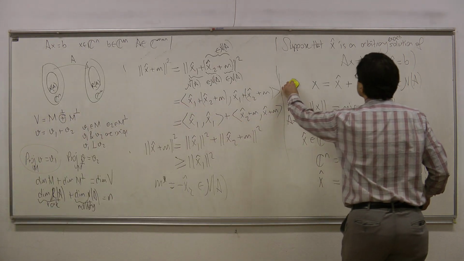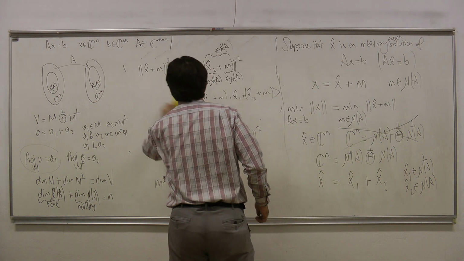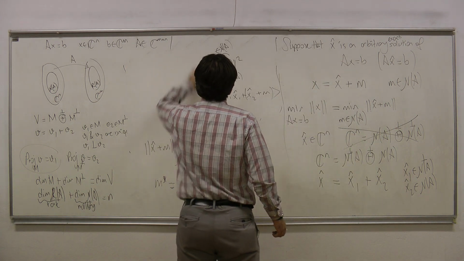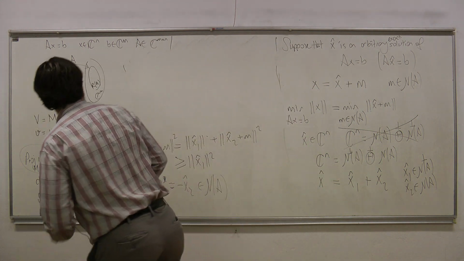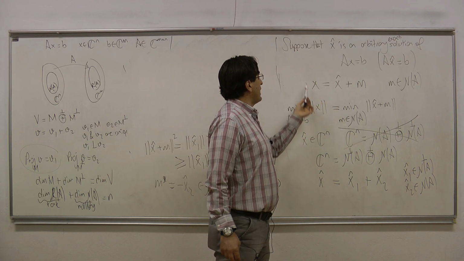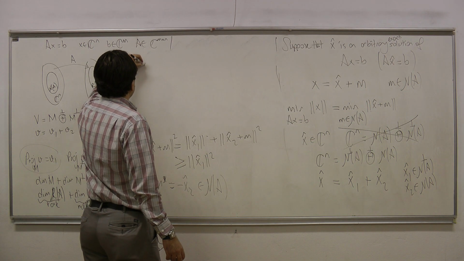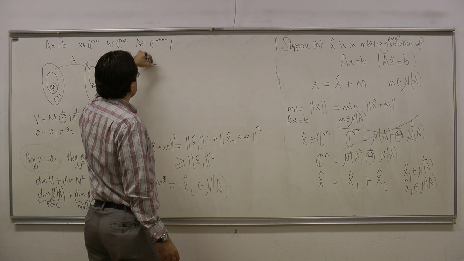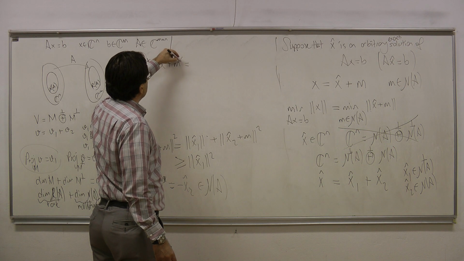So maybe I should erase this part. So what about this x with the minimum norm? It is easy. The optimal x star is going to be x hat plus m star.